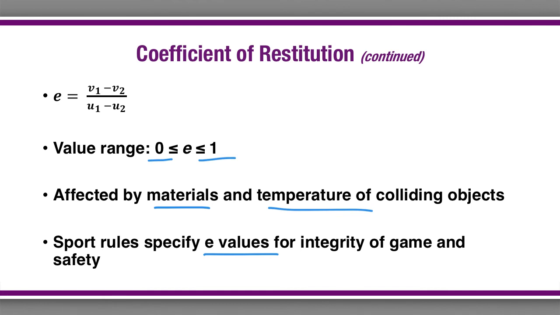So we've talked about coefficient in the form of friction, but if you think about it in sport, specifically relative to injury prevention, this value can be extremely important in maintaining player safety and keeping athletes from getting injured as often as they could if this value was not maintained or not specified within rules.